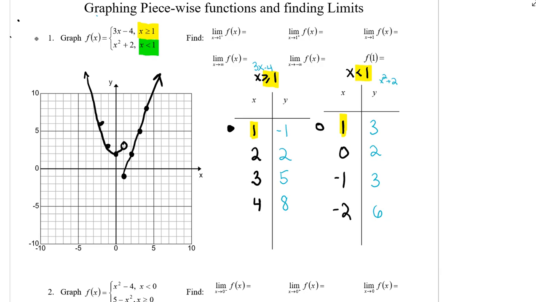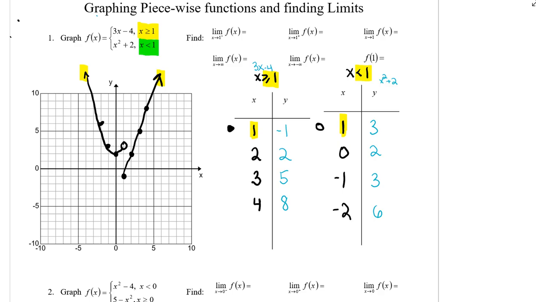Perfect. So note my arrows at the ends of the graph to indicate that it goes on forever and ever. It doesn't end. Now I can go ahead and use my graph to evaluate my limits, and I'm doing exactly the same thing that I did yesterday.